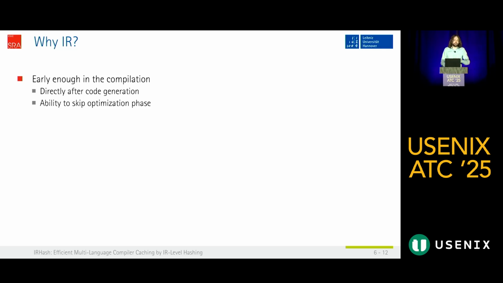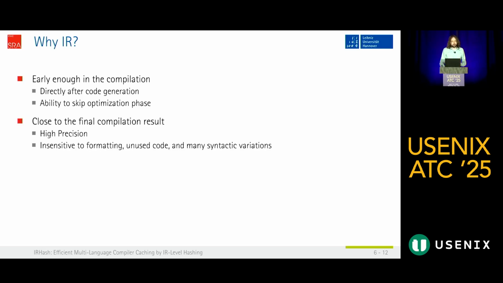First of all, as I said, it's early enough in the compilation that we still have the ability to skip the optimization phase. It's already fairly close to the final compilation results, resulting in high precision, and it's also insensitive to formatting, unused code, and many syntactic variations.